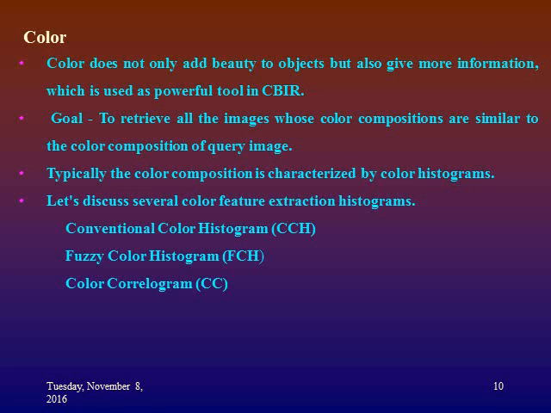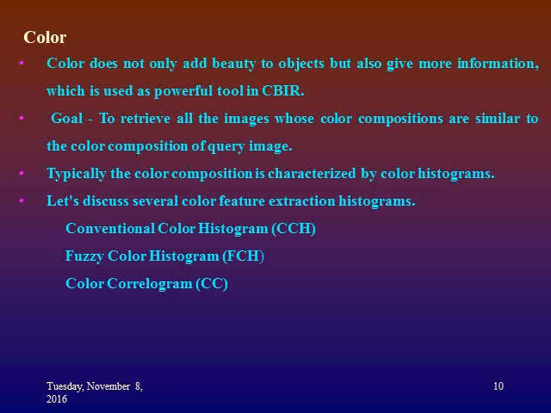Image content comparison by color is based on matching images by their color distribution. In this case, the image feature identifies the portion of the pixels of the specific color or colors within an image. So one can make color searches by indicating desired concentration of colors, or by an example image with the desired color distribution, and get similar images as I showed in the previous slide.